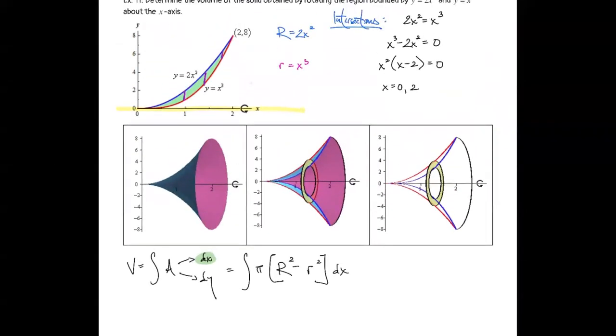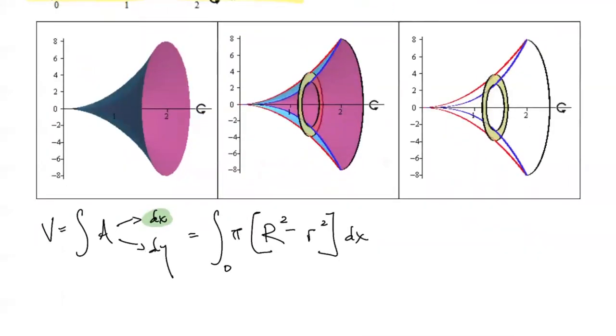And what values can we use for our bounds here? Good, good. We want to choose those x values, right? And so in particular, the values we found here, we can actually use. I know we couldn't in the last problem because it was dy and we found x values, but since we are in dx, we can use the x values and we can say that this is 0 and this is 2. Okay.